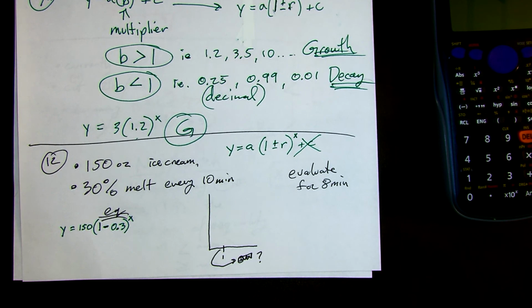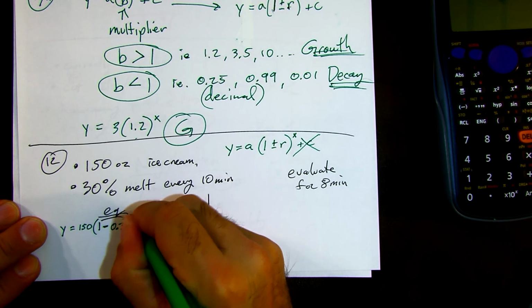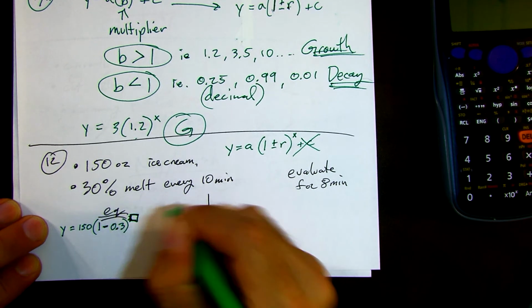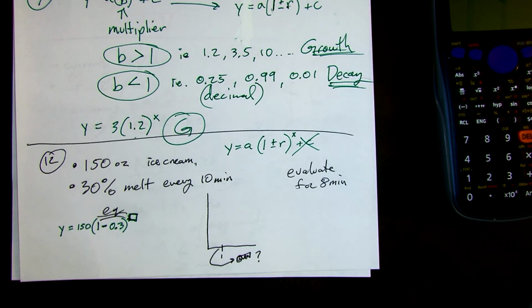It's the ice cream before it melts. It's melting, so that should tell you the 1 plus or minus, which is it going to be, and you have 30% as a decimal. All right, Marco, I think that's right. 0.7 to the, let's put it as a box.